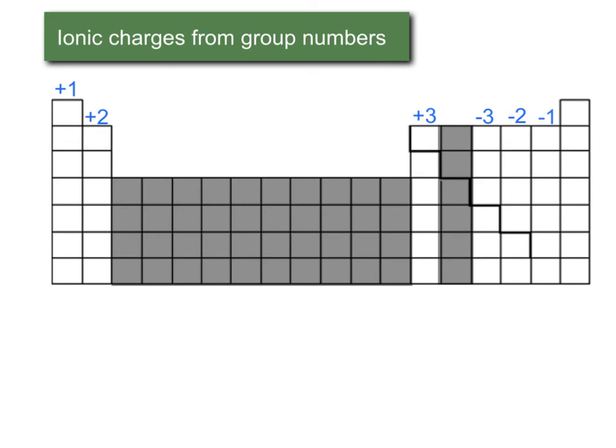And then this last column, all of the noble gases already have 8 electrons, and so they don't form ionic compounds either. So you can see that the metals, which are on the left side of the periodic table, tend to form cations, and the nonmetals, which are on the right side, tend to form anions. And we're always working toward getting a full outer shell when we make an ion.